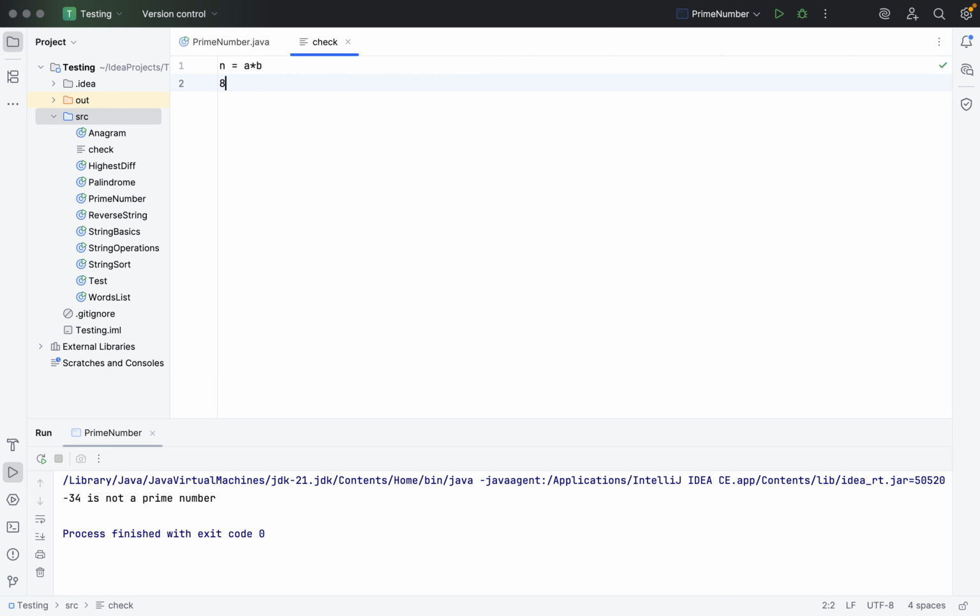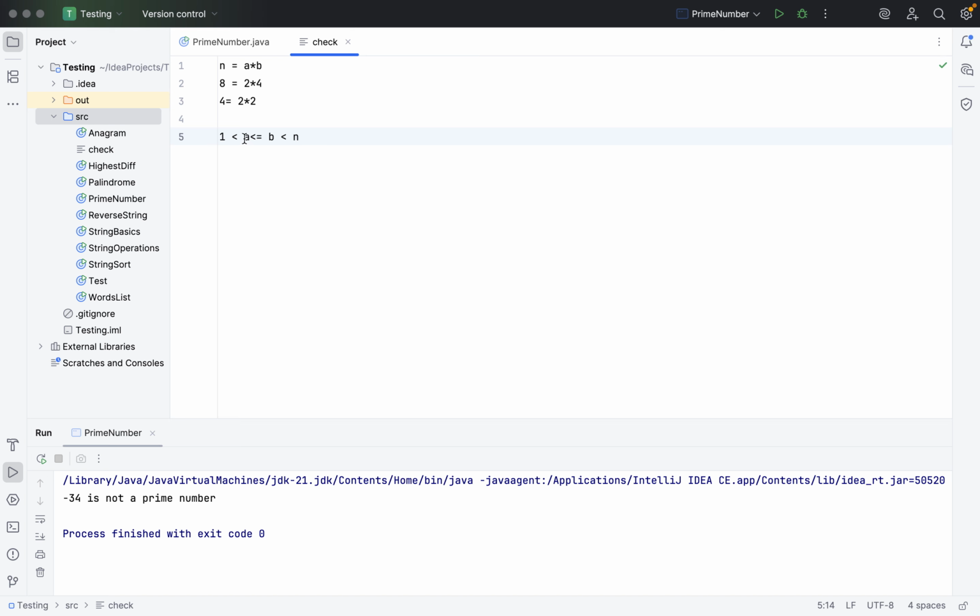For example, 8 is equal to 2 into 4, or 4 is equal to 2 into 2. One of the factors will be less than or equal to the second factor, and they both will be less than n, the number.